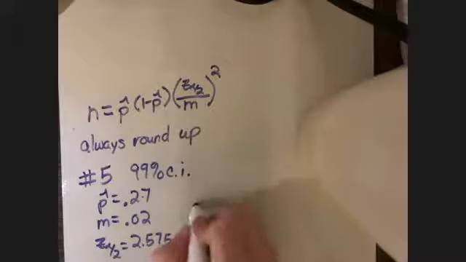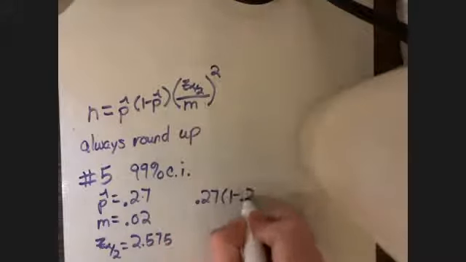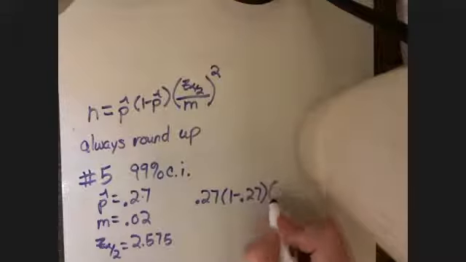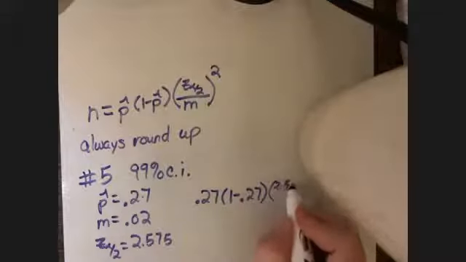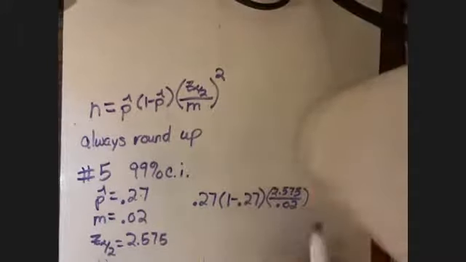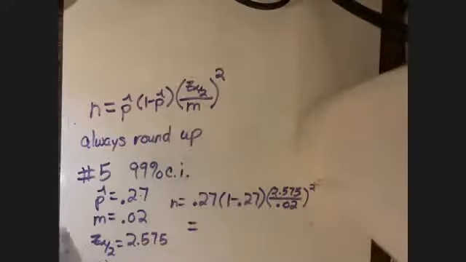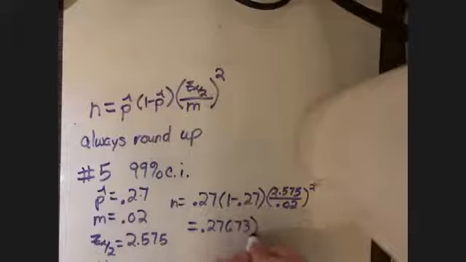So now pulling this into the formula, we've got 0.27 times 1 minus 0.27 times 2.575 over 0.02, squared. Okay, so this is what n is going to be. So this is 0.27 times 0.73.